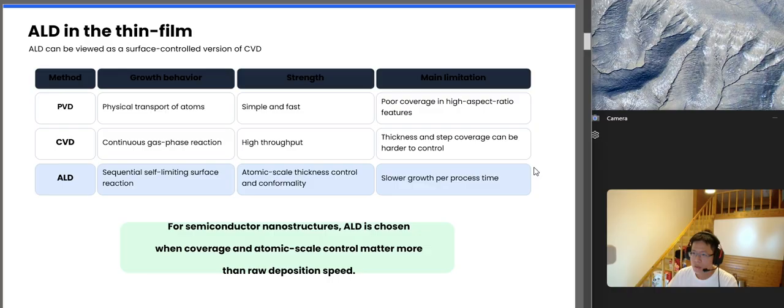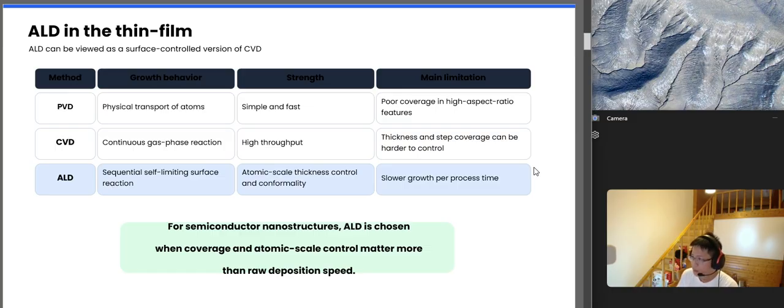When ALD is compared with other thin film technologies, for example PVD and CVD, we can see the comparison table below. ALD has sequential, self-limiting surface reactions, which happen only at the molecular level. So the strength is apparently atomic scale thickness control and conformity.